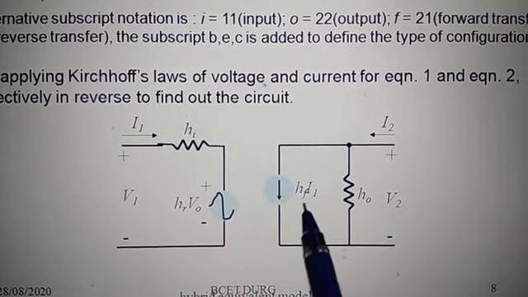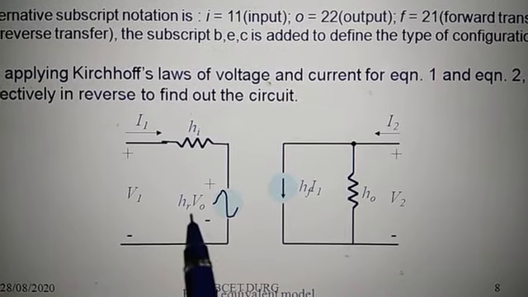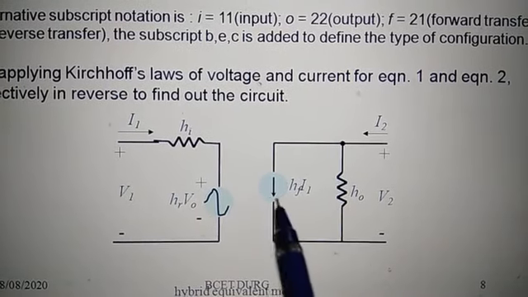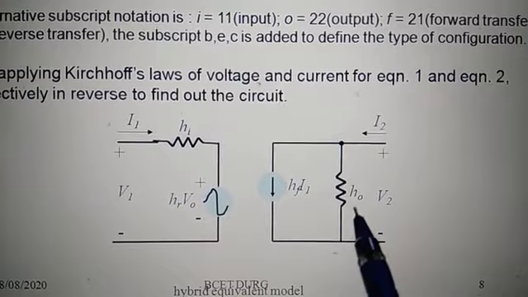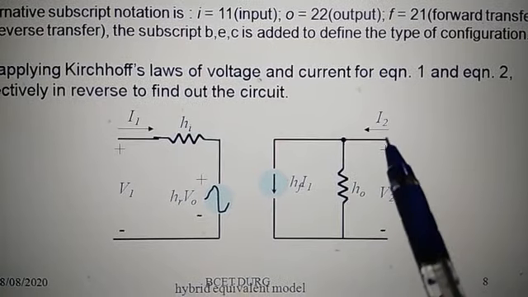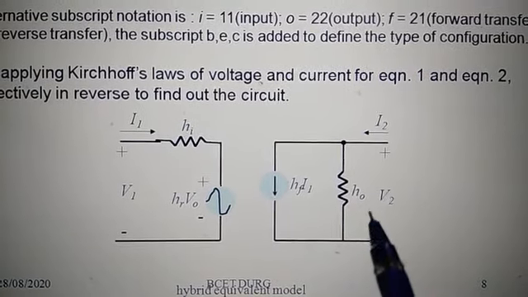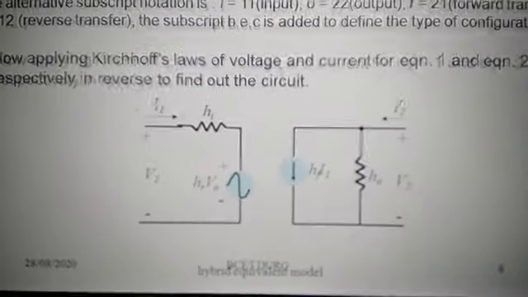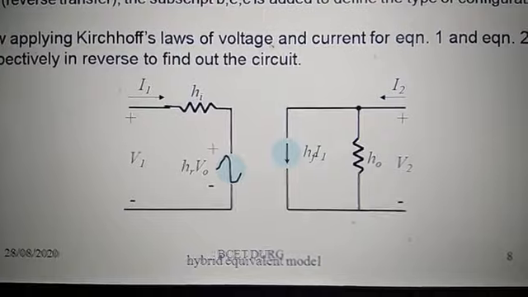HF is the forward current gain, HR is the reverse voltage gain, and this is HO, which is in parallel with this current source, the output conductance. I2 is the output current and V2 is the output voltage. So this is the equivalent model of a low frequency transistor.